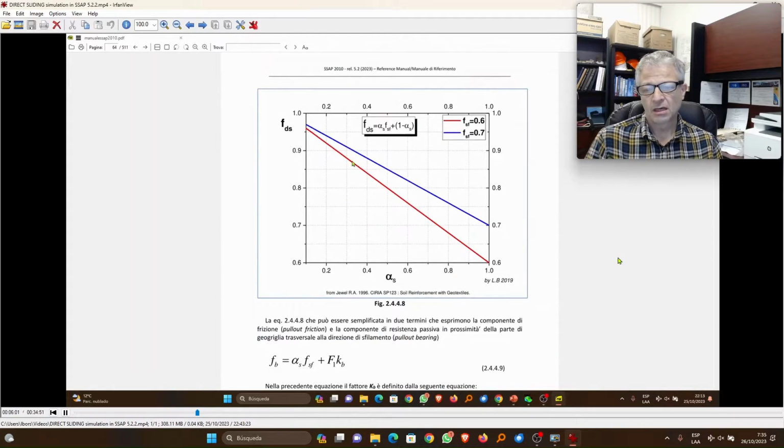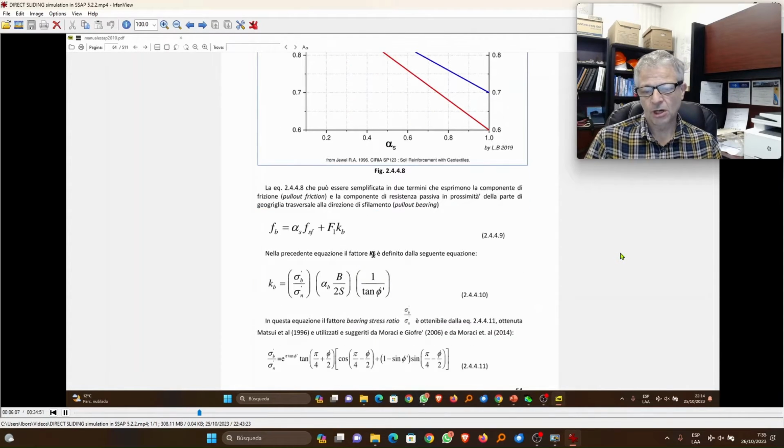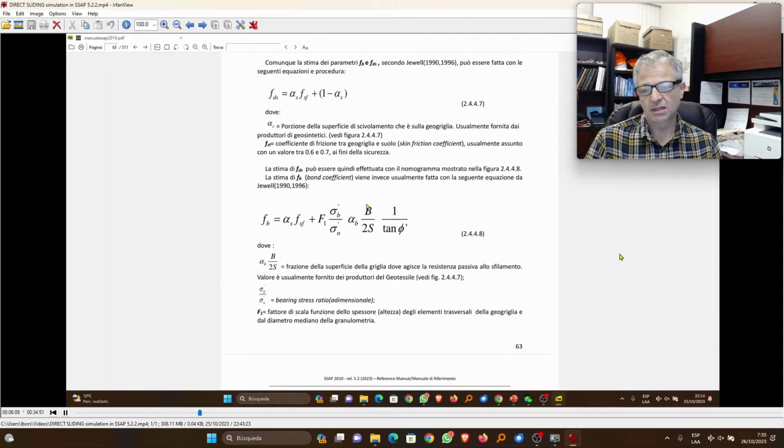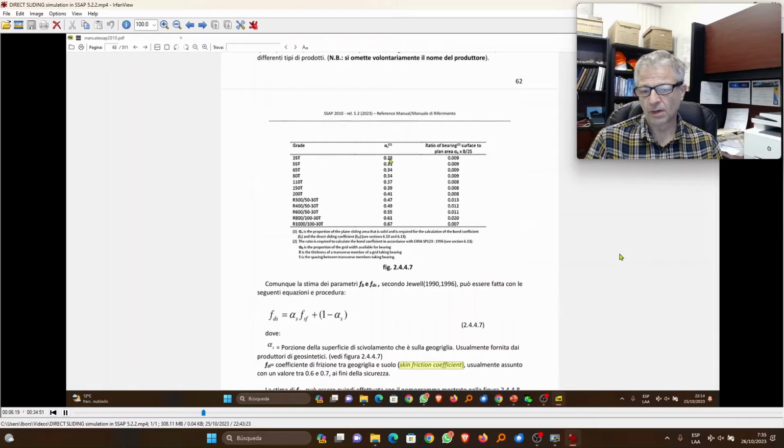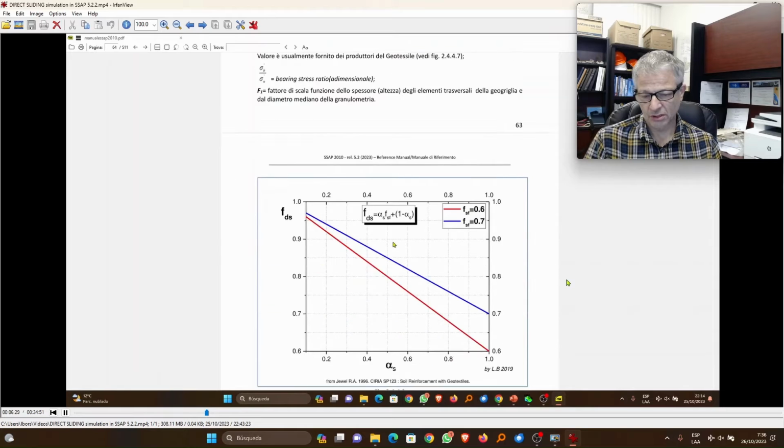SSAP gives us the possibility, in the manual, to have a lot of nomograms and a whole set of equations that can be used to calculate the FDS. That depends on alpha S and FSF, that is usually given as the skin friction coefficient as well.